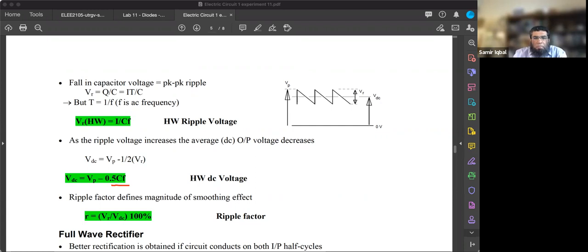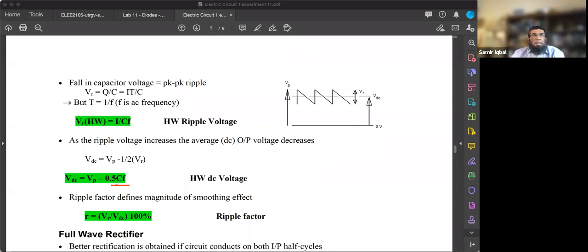Right? Now, how smooth the signal is is a direct factor of ripple voltage. If the ripple voltage is much higher, we would have a bigger ripple factor. And we want a smaller ripple factor for smooth output.